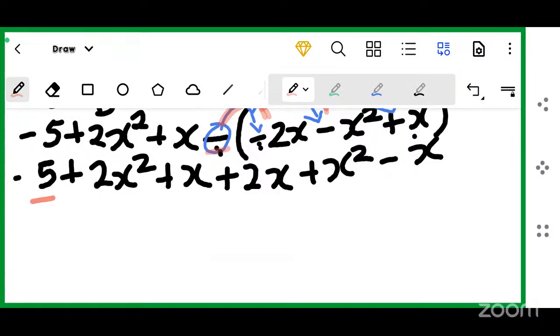The 2x to the power of 2, the x to the power of 2, and the negative x.